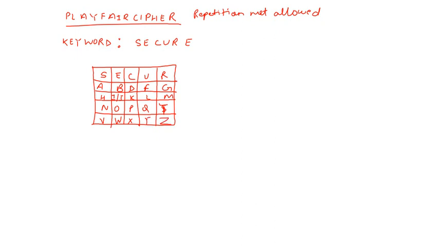Now the text which we want to encrypt is hello world. So you can say this hello world is our plain text. Now we need to find the cipher text. To find the cipher text, first we need to divide it into groups of 2 letters. So HE, and because LL are double letters, repeating letters, repetition is not allowed, so we will just fill X here.